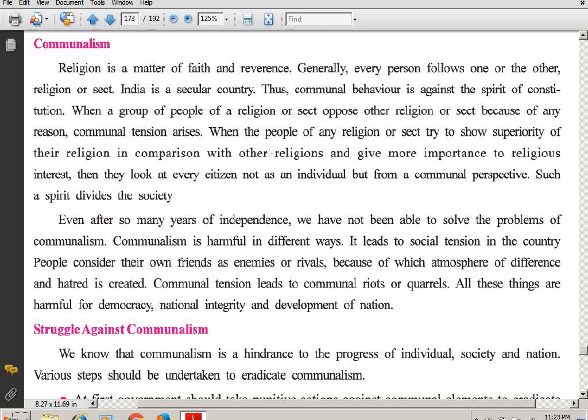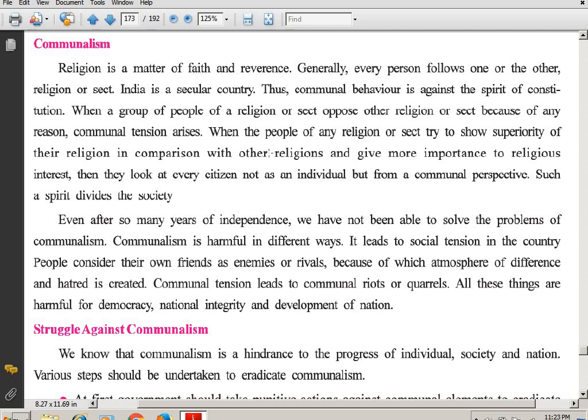And so communal tension leads to communal riots and quarrels, and that is how riots take place in different regions and states. All these things are harmful for democracy, national integrity, and development of the nation.